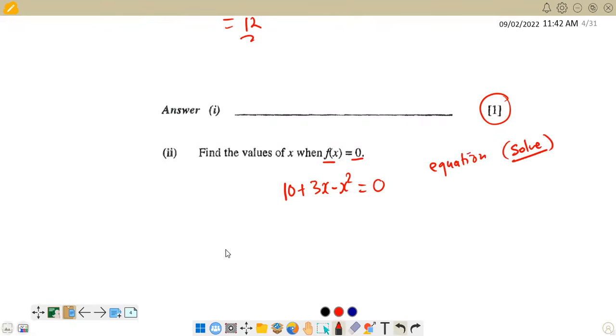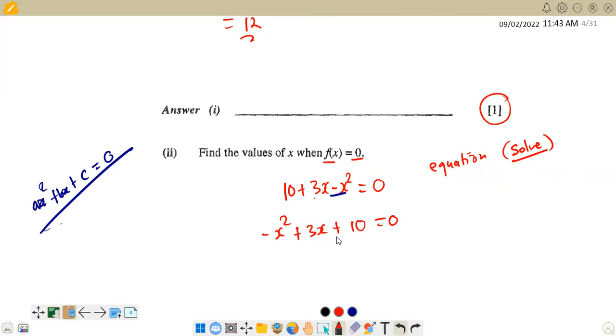So you're going to use factorization or the quadratic formula, depending on what you actually want to use. But the first thing is to rewrite, because we are supposed to have our quadratic equation in the order ax squared plus bx plus c is equal to 0. This is the format that we need. So I'm just going to rearrange this, which is negative x squared followed by 3x followed by 10. I equate this to 0 so that I can solve.